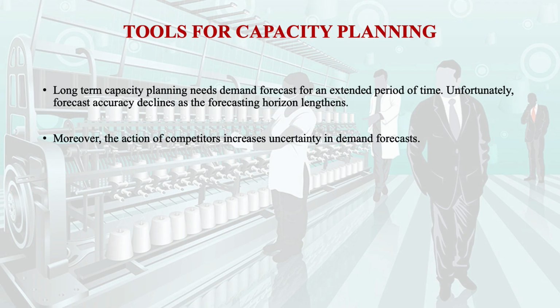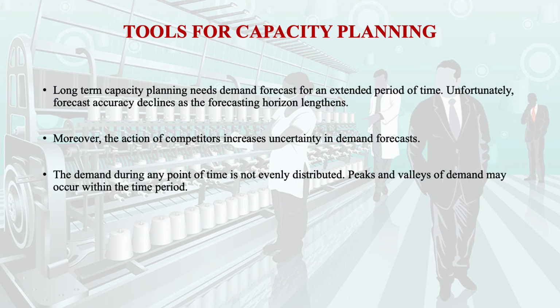Moreover, the actions of competitors increase uncertainty in the demand forecast. The demand during any point of time is not evenly distributed. Peaks and valleys of demand may occur within the time period. For these reasons, capacity cushions are required.